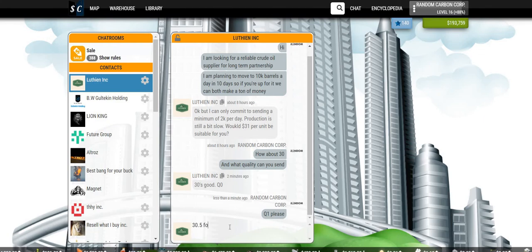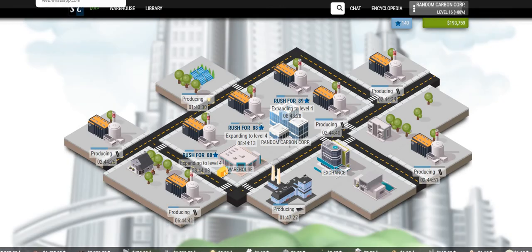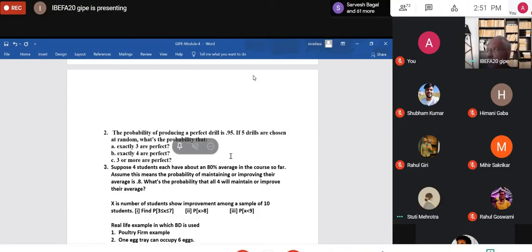What is the probability that 3 are perfect? 4 are perfect? 3 or more are perfect? So this is binomial, but part C is a cumulative probability. 3 or more, so either 3, 4, 5.